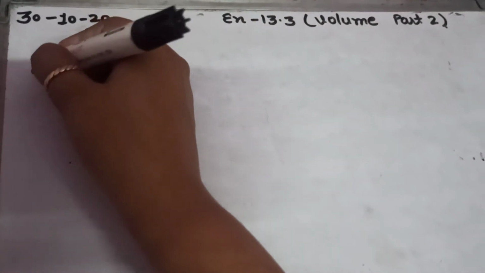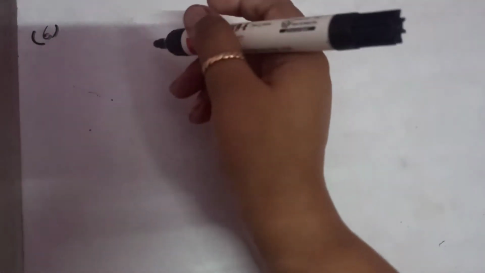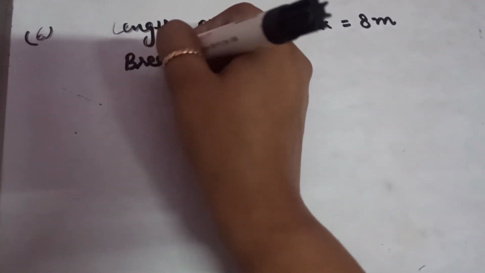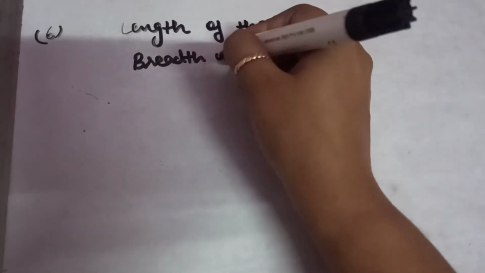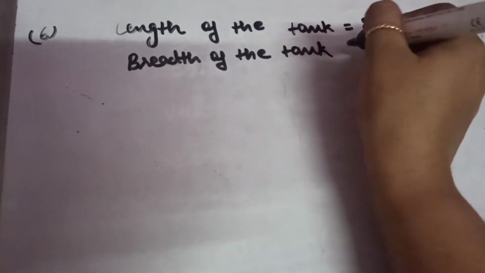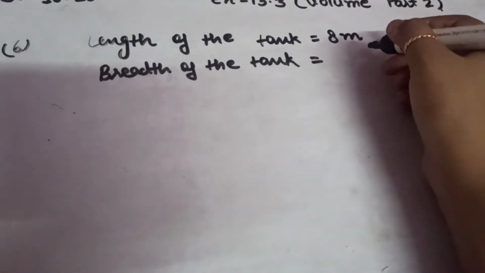Question number 6. Length of the tank equals to 8 meter. Now breadth of the tank, how much? Wide means the breadth.